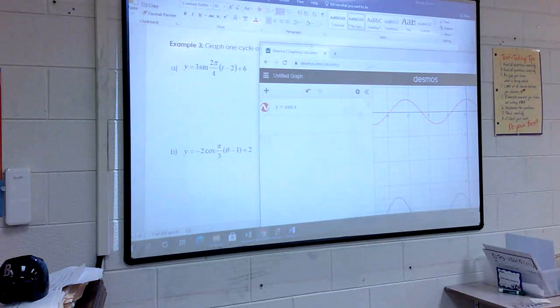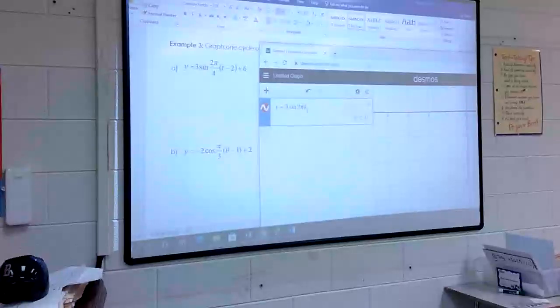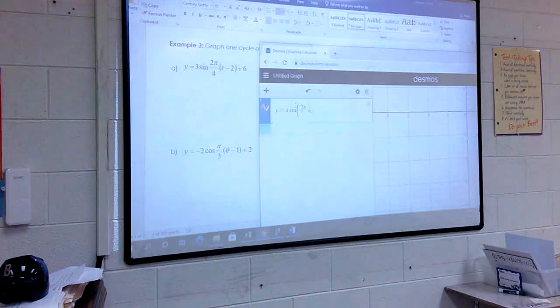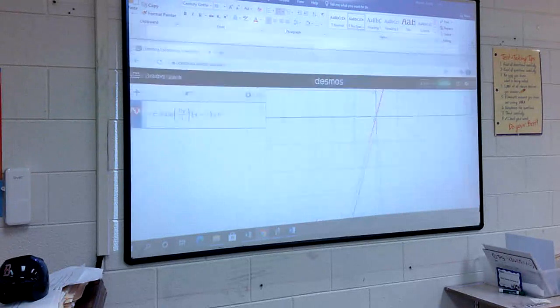So we'll go to Desmos, we'll type in 3 sine 2 pi over 4. If I can get it typed in right. And then x minus 2 plus 6. See if I did that right. It doesn't look like it does.